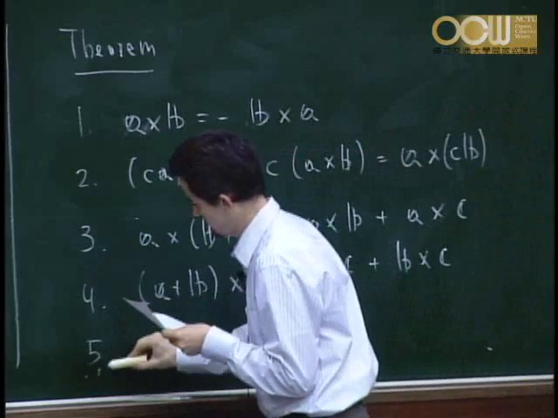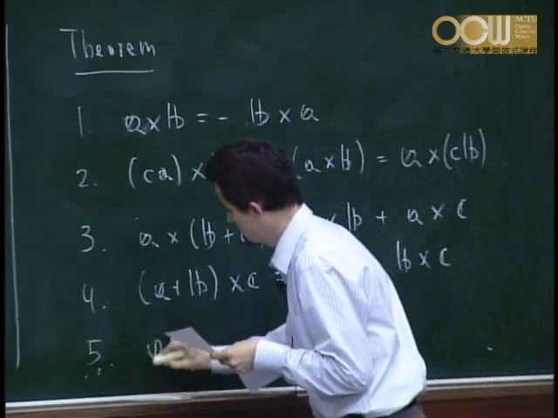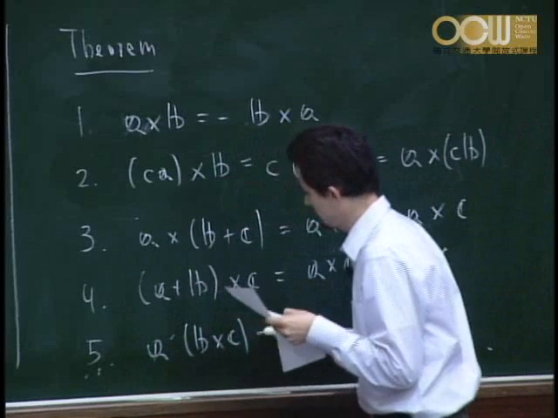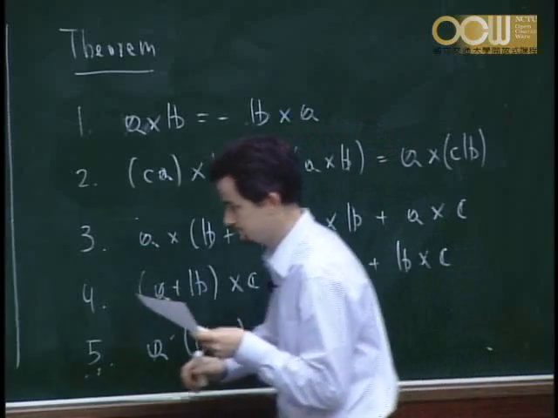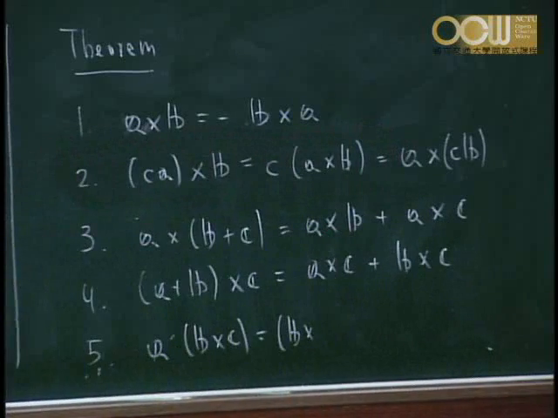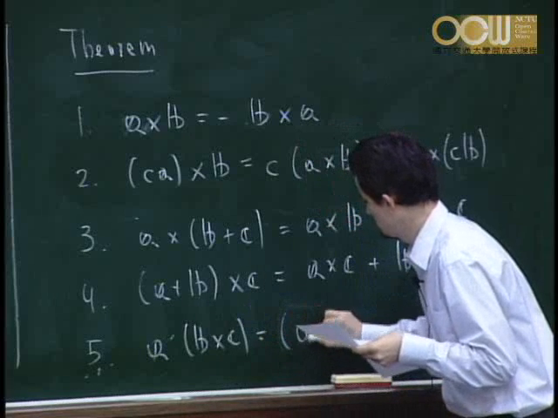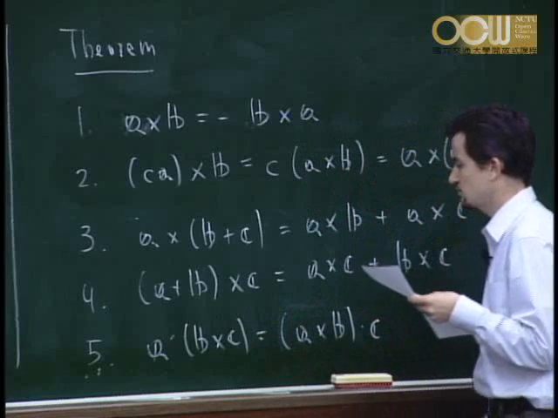Then we have some exotic rules like this one: a dot the vector product of b and c is equal to the vector product of a and b, dot product with c.